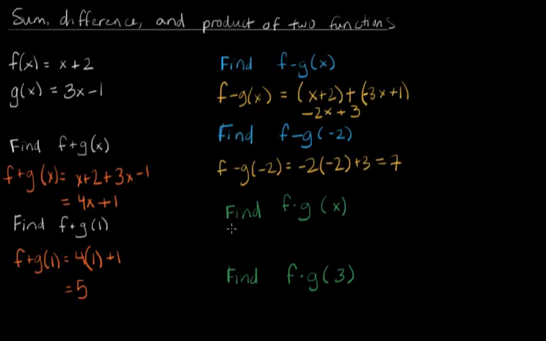All right, last one, f times g of x. So again, we need to use parentheses. So f times g of x is equal to x plus 2 times 3x minus 1. And now we need to use FOIL. So this is going to be 3x squared.